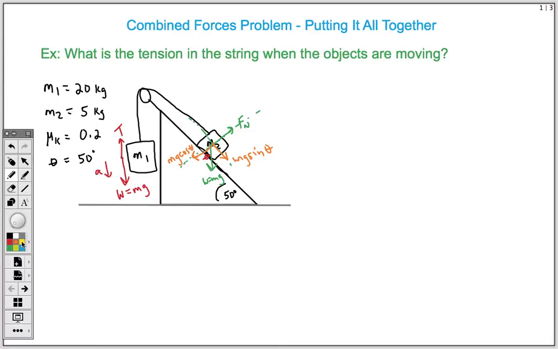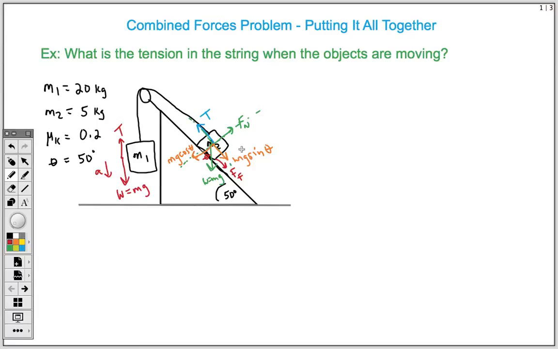We also have our tension force, and we also have, put it in red, our frictional force, because we do have a coefficient of friction.